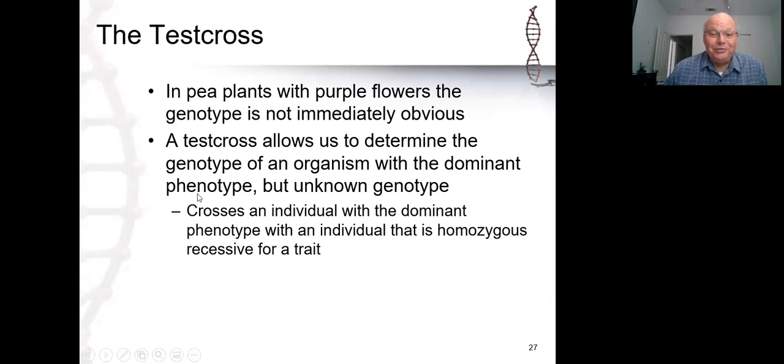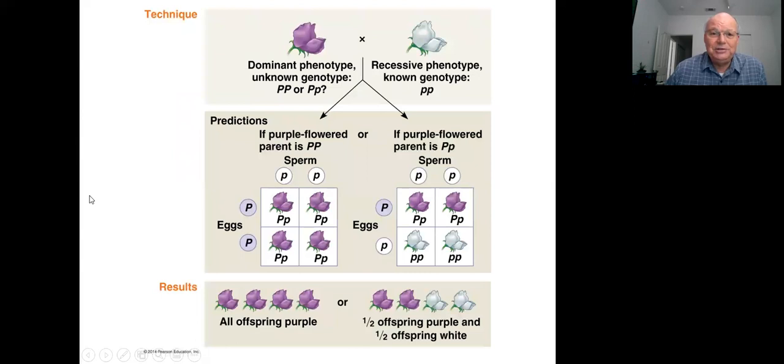So obviously test crosses are really important to understand. So how can we go about doing this in such a way that we can make sense of what the unknown phenotype is in terms of its genotype? Well, it all comes down to making sure that we do the cross against the one phenotype that we know for certain its genotype, and that is the recessive. Because remember, in order to show the recessive phenotype, you have to be homozygous for it.